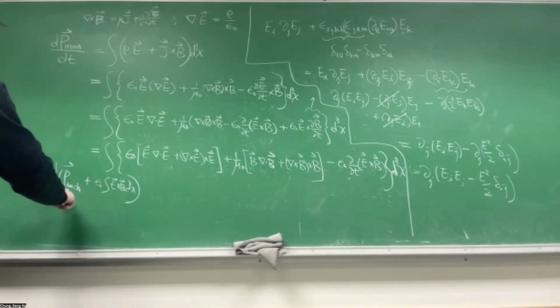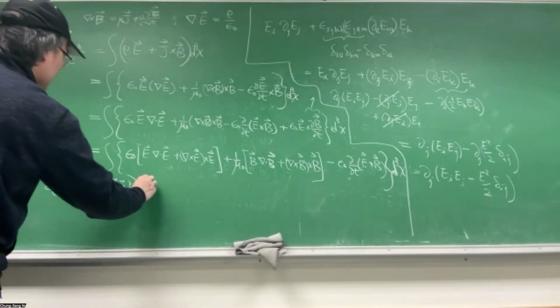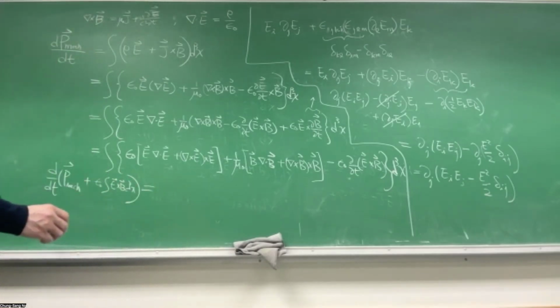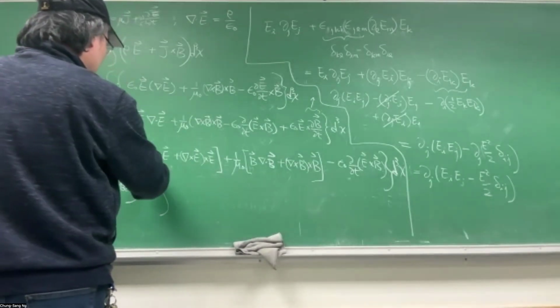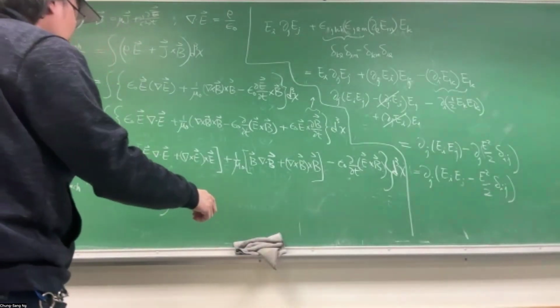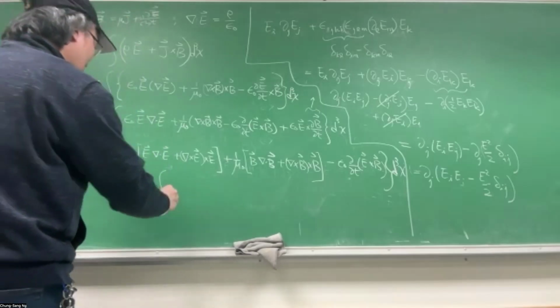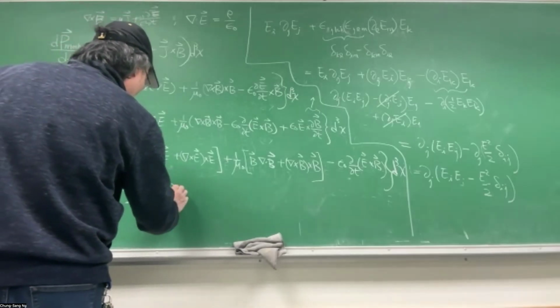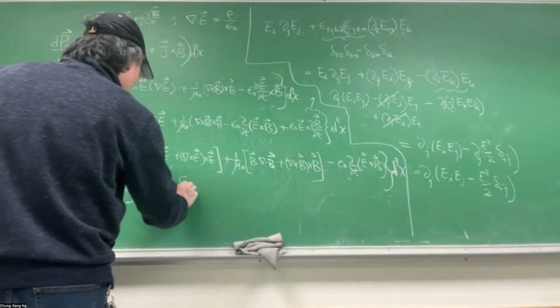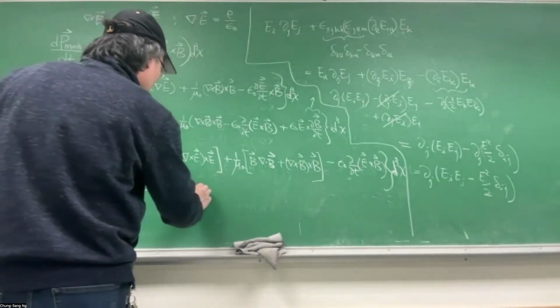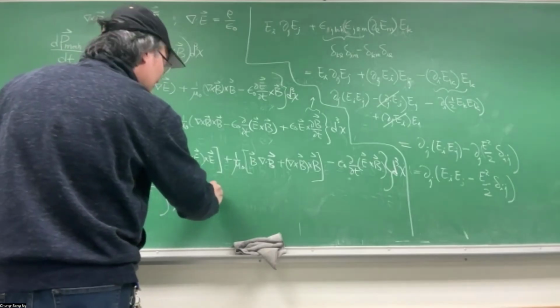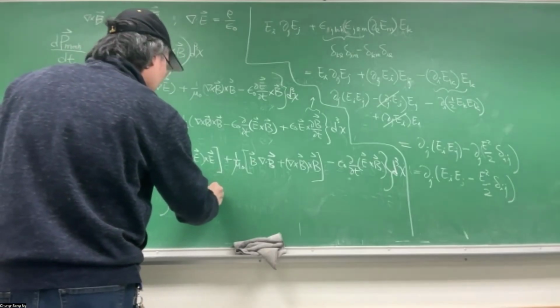So that's the total momentum, which equals, so you have partial j, everything has a partial j. The first one is epsilon 0 multiplied by E_i E_j.